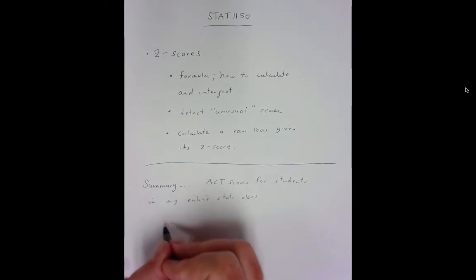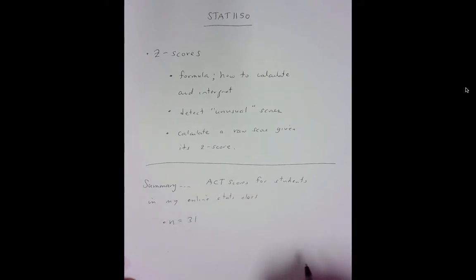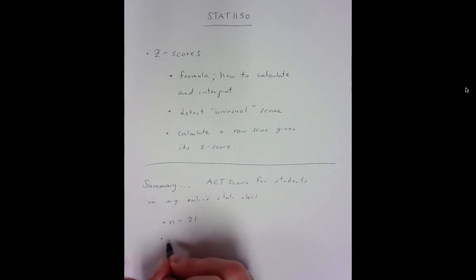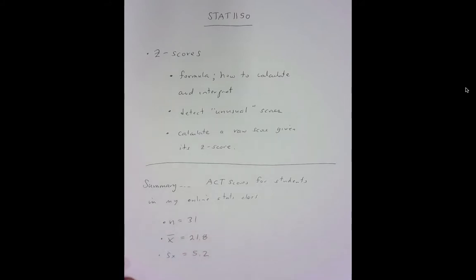And let's say that I've calculated this and I have 31 students in my class. The mean ACT is 21.8 and the standard deviation is 5.2.